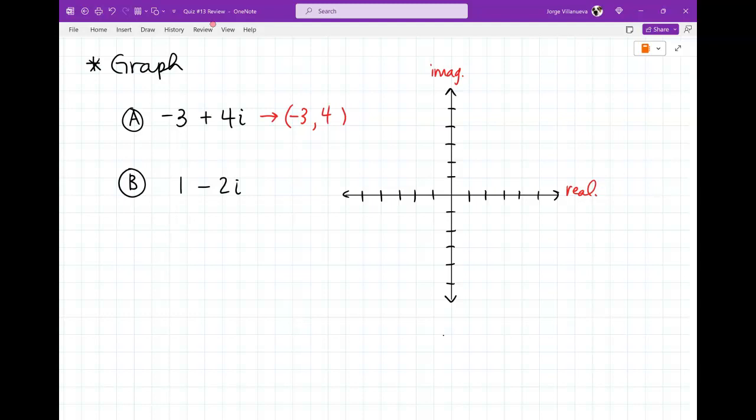So I'm just going to go to negative 3 and positive 4, put a dot there, and there's my A. What's the point representation for this one down here? 1, negative 2, thank you. So 1, negative 2, that's right here, and there's B. Remember, just treat them like x, y. Questions on this one?